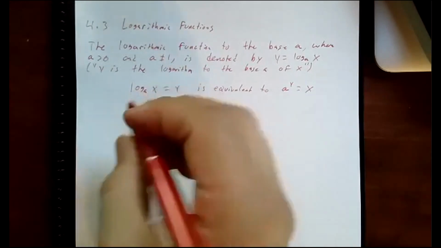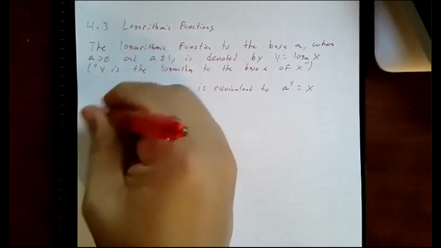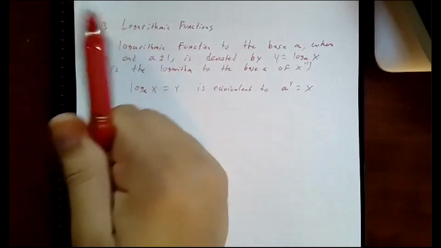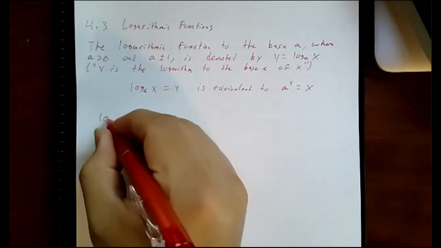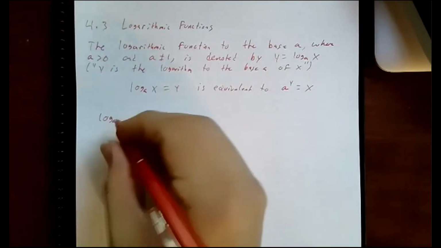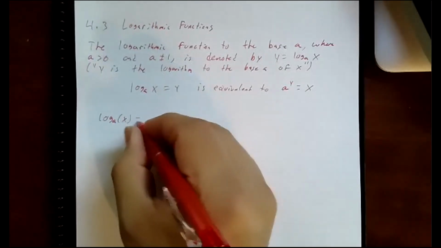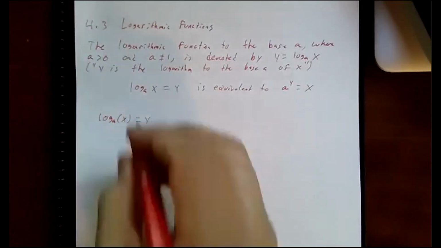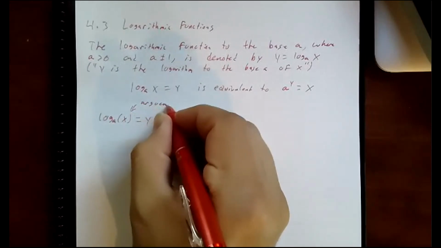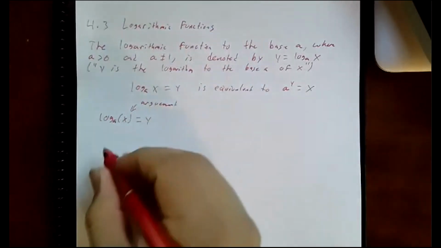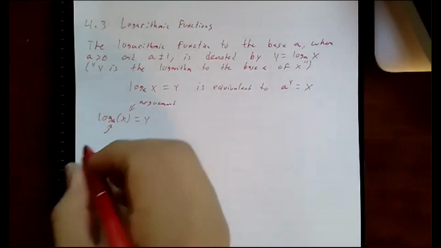Okay. Real quick, let's write down what everything means, because it looks weird. So log a of x is equal to y. So the x is the argument. The a is your base, and again, the base has to be greater than 0, and it cannot be 1.